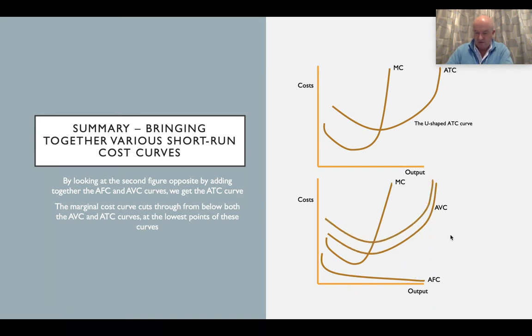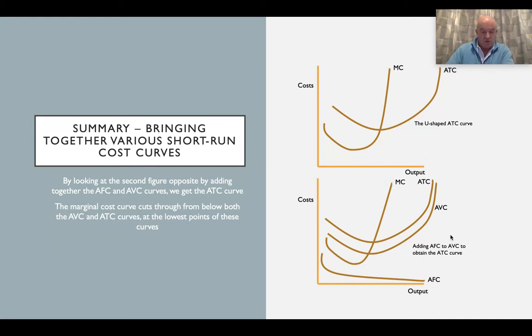So you're always going to find that there's a relationship between average total cost, average variable cost and average fixed cost, but also there is a link between marginal cost too. Adding average fixed and average variable cost is going to allow us to obtain an average total cost curve.